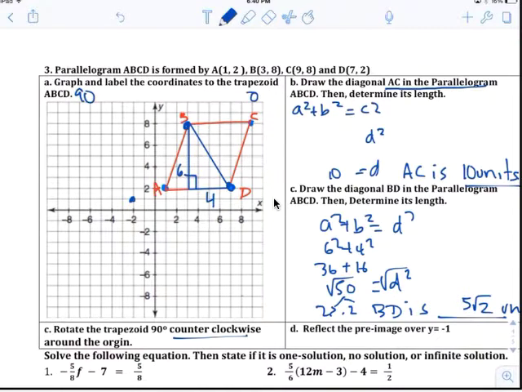And this one is 7, 2, so 2, 7. And then that one is 9, 8, so 8, 9. And then the other one is 3, 8, so 8, 3.